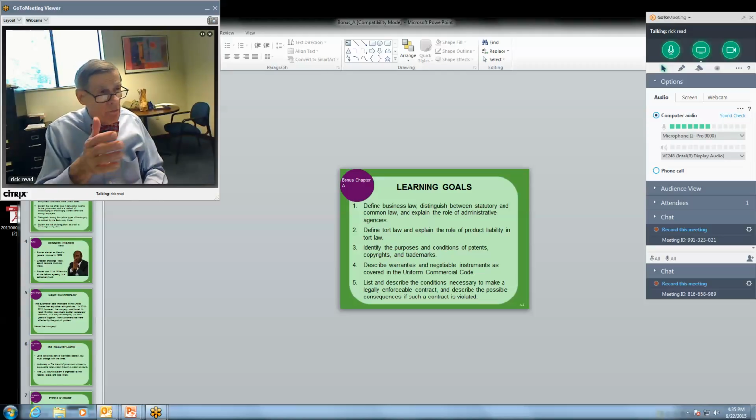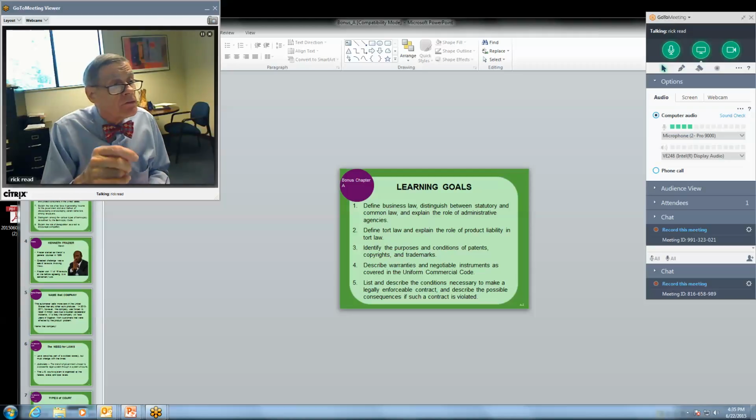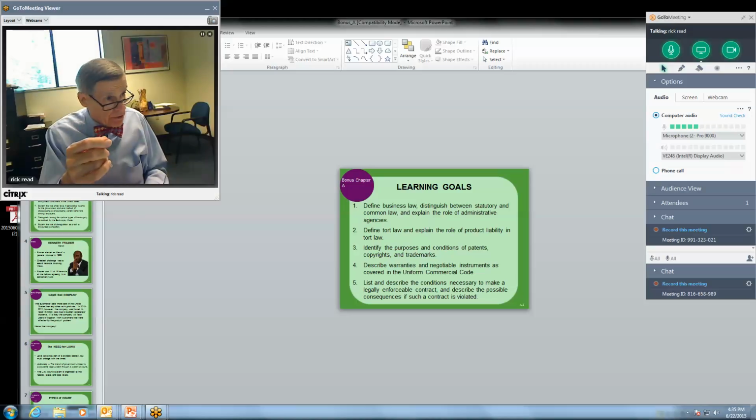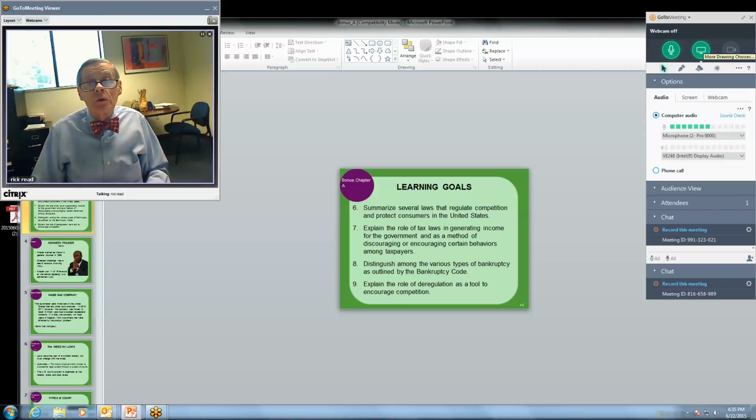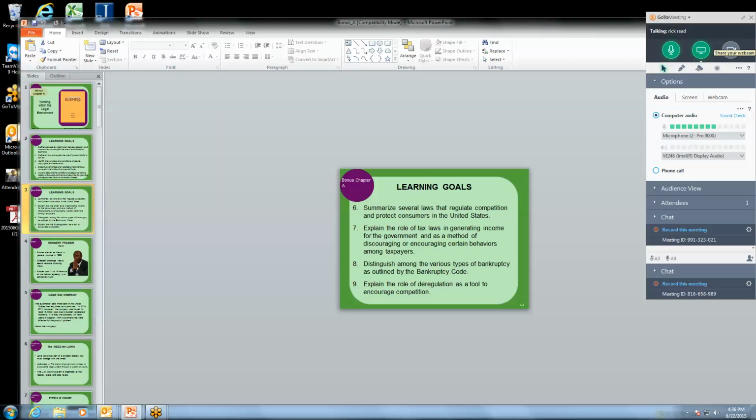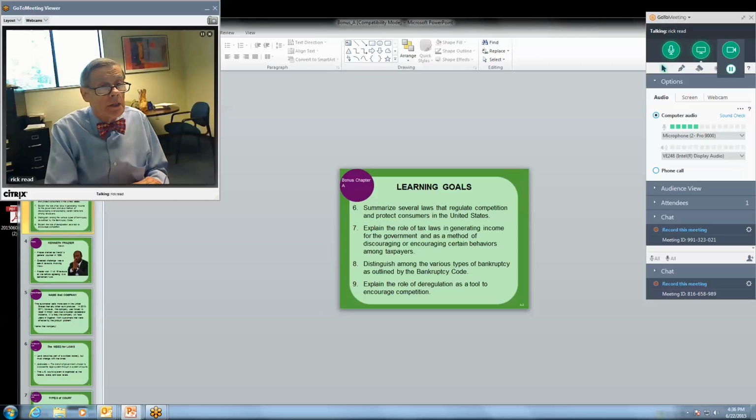I think we should pay particular attention to this last learning goal, because we think of contracts having to be certain things. And in fact, a contract can be simply made on a piece of paper. And then the last goals that we're going to discuss in bonus chapter A: summarize several laws that regulate competition and protect consumers in the United States.